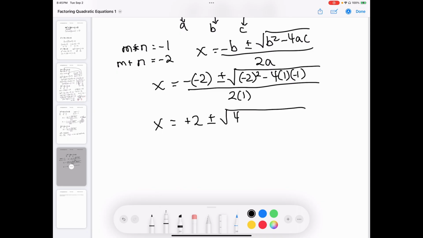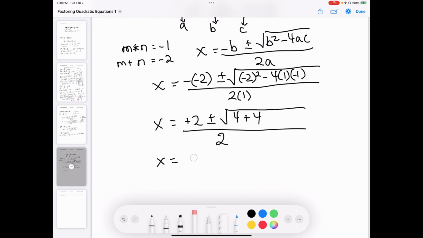So you have a negative multiplied by a negative. And remember, when you multiply two numbers of the same sign, you're going to end up with a positive value. So that's going to be 4 times 1 equals 4. All of that divided by 2 times 1 equals 2.